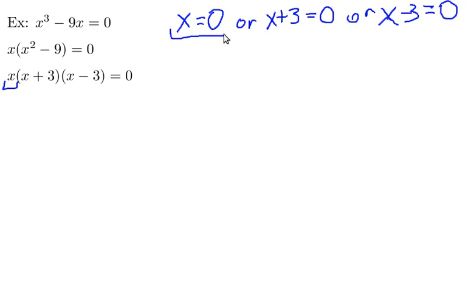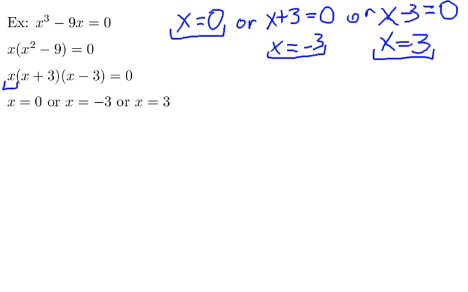This is already in the form we need, but we need to subtract 3 from both sides. Good, x = -3 or x = 3. So we get as our solutions x = 0, or x = -3, or x = 3.